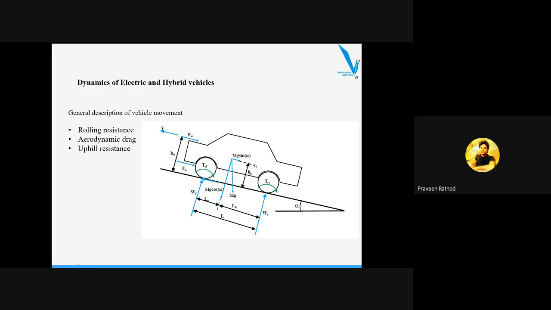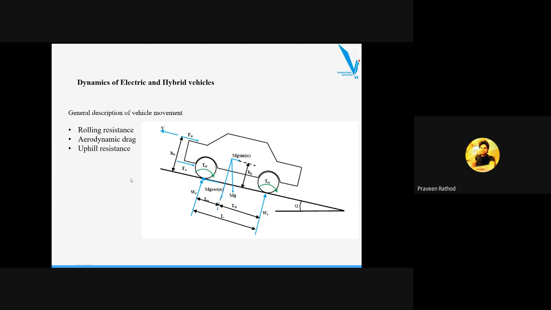We are not going to see that now. We are going to derive the equations for WF and WR at the completion of this chapter. How we are going to derive WF, and which forces are acting on the vehicle, considering all those things, we are going to derive that equation.